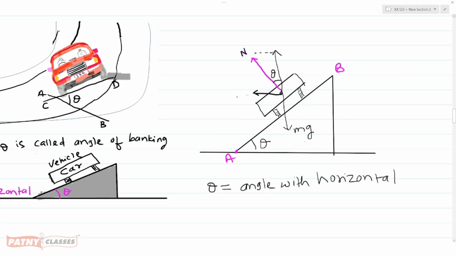Now joining this one and this one, we completed the parallelogram.